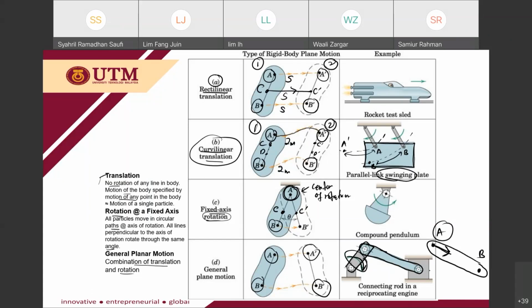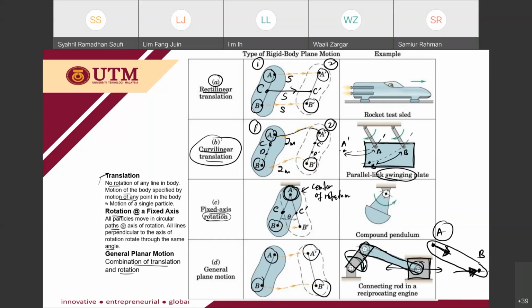Okay, and then point B is affected by this block. This block can move to the left or to the right only. So the line of action for B is in this direction, so it might be to the right. Let's say I assume to the right, and then this one is in this direction, downward.